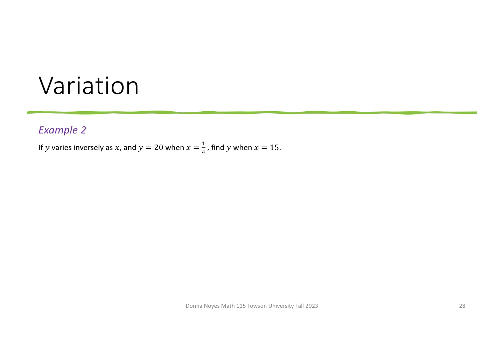If y varies inversely as x and y is 20 when x is 1/4, find y when x is 15. When we say y varies inversely as x, that's y equals k over x. Inversely means over. And y is 20 when x is 1/4.